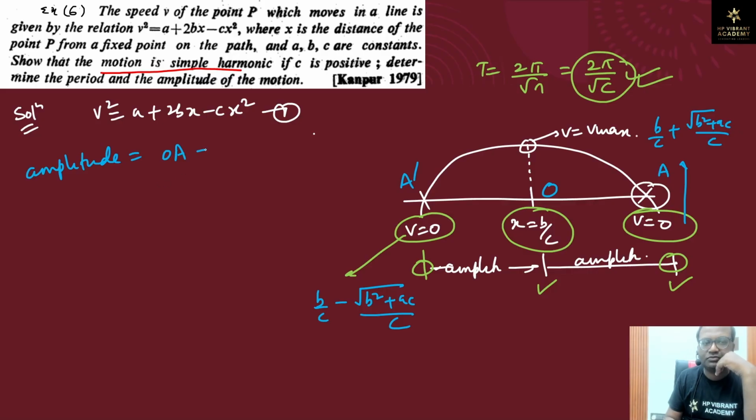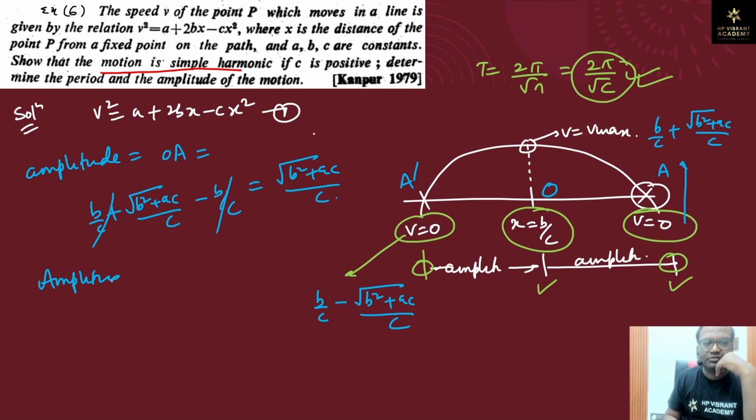Oa is equal to b by c plus root under b square plus ac upon c minus b upon c. So this gets cancelled, and it is equal to root under b square plus ac upon c. So the amplitude is root under b square plus ac upon c, and the time period is equal to 2 pi upon root under c, where the constant c is positive.